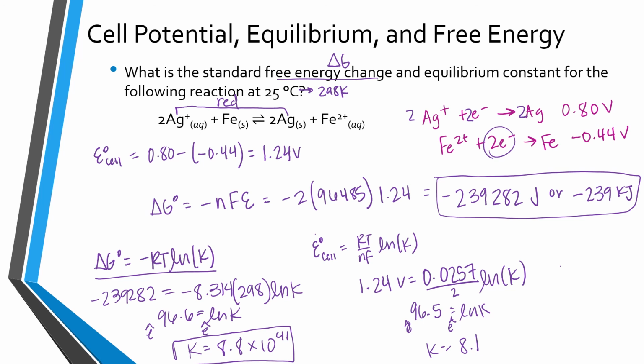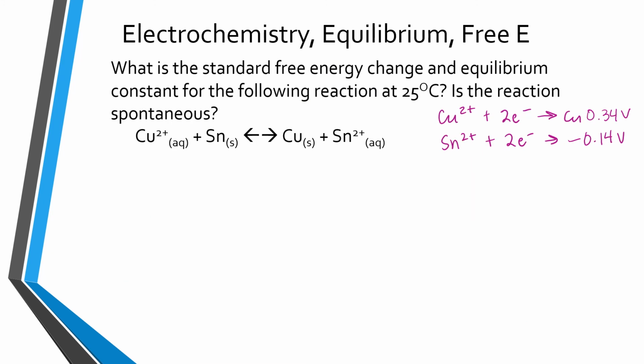We get 8.1 times 10 to the 41st, but close enough. So you can use either of those equations. You're going to get the exact same equilibrium constant. Really just depends on what you're given and what you've already calculated.